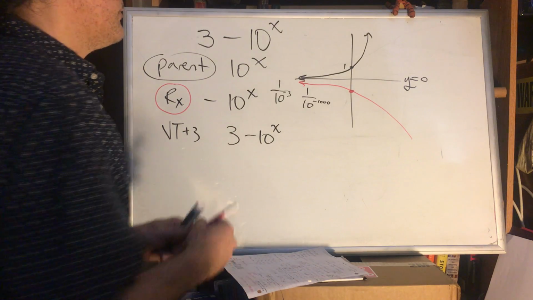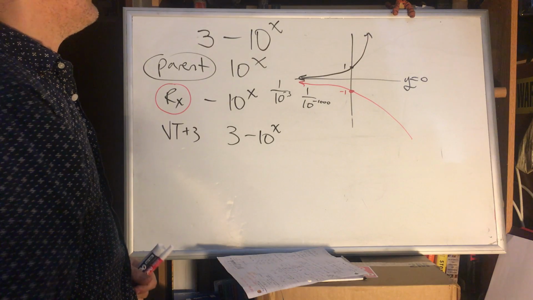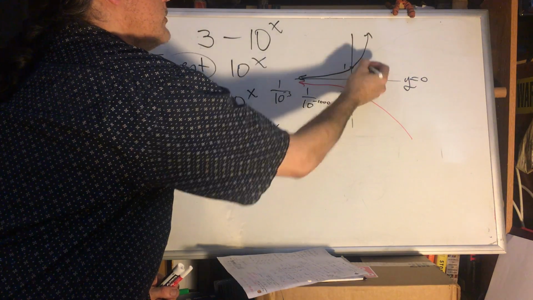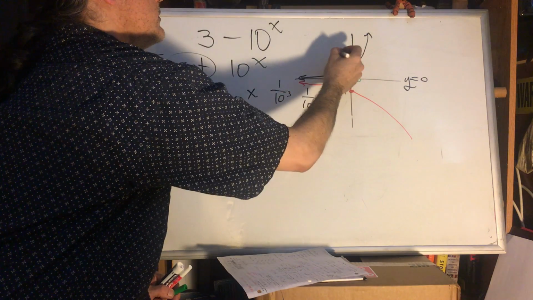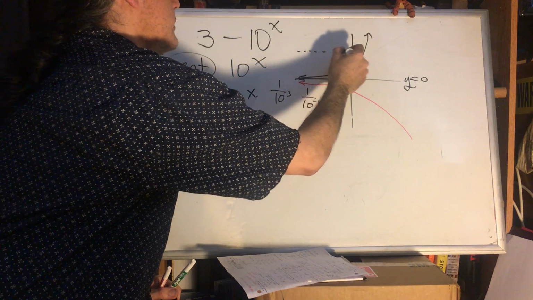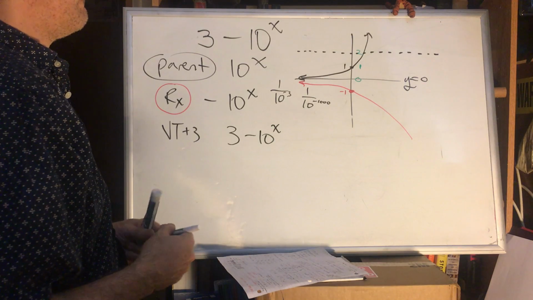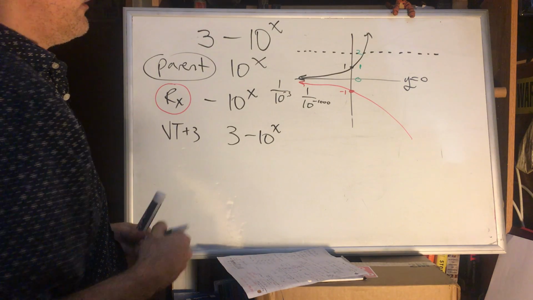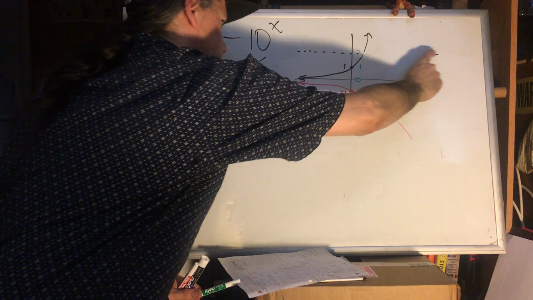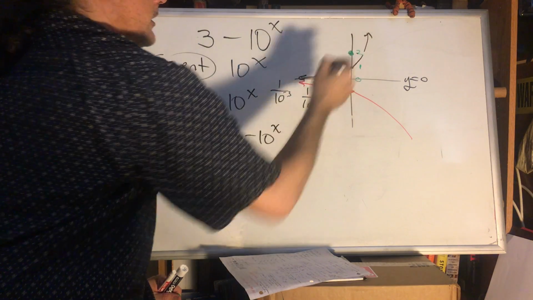So once we flip over the axis from 1, that becomes negative 1. And if we want to go up 3, we're going to go up 1, 2, 3. So this horizontal asymptote is going to now be at 2. Or rather, my bad, I'm sorry about that. Not the horizontal asymptote. The point is going up 3.